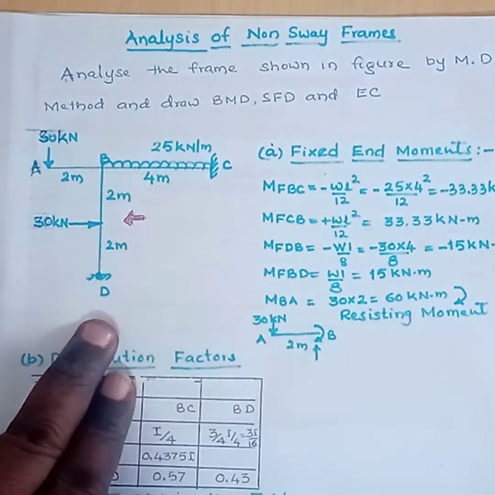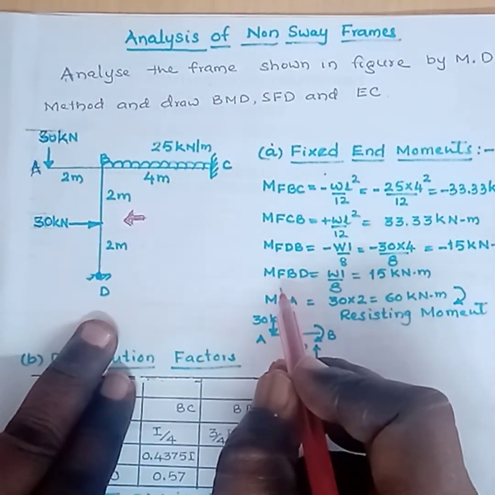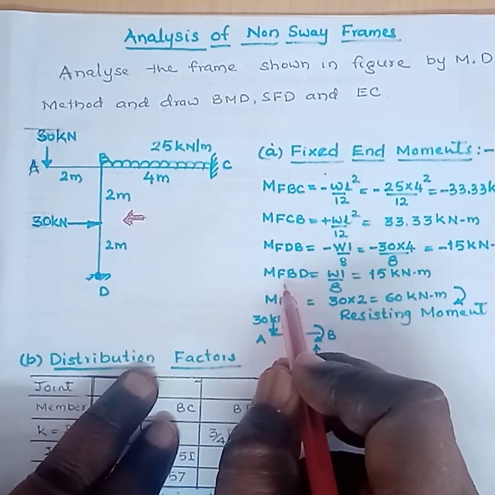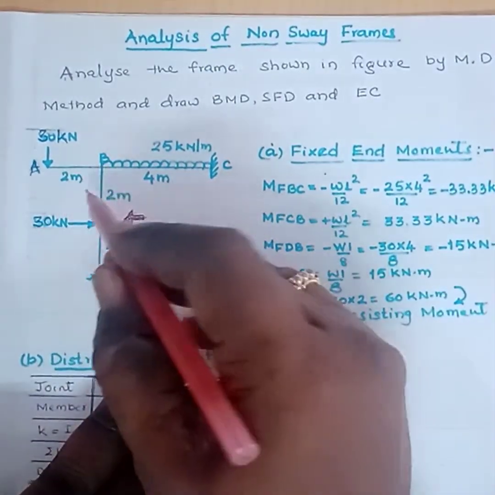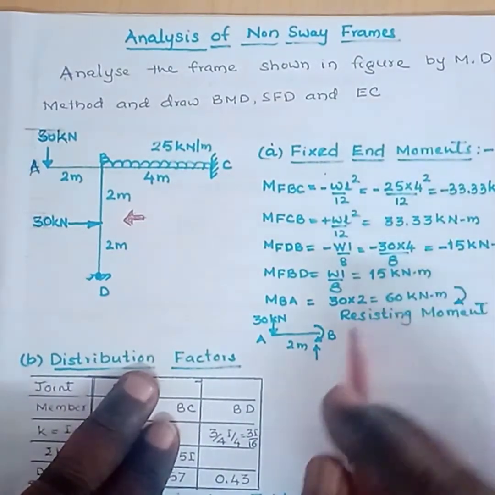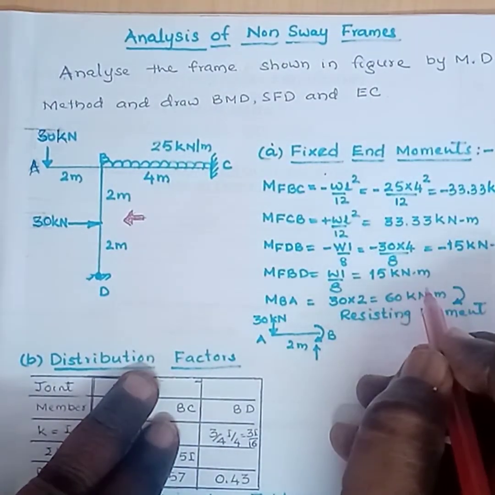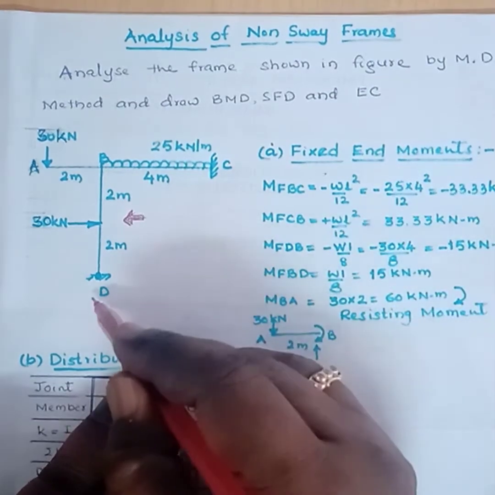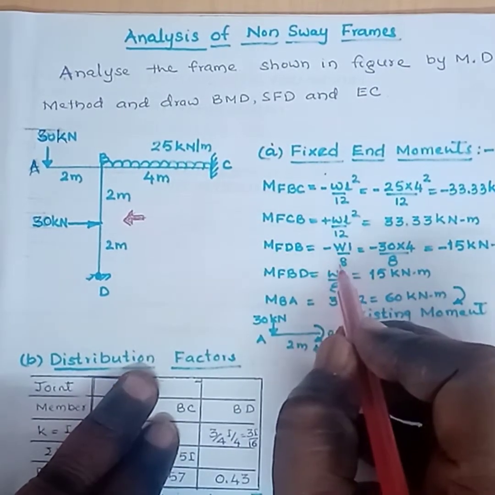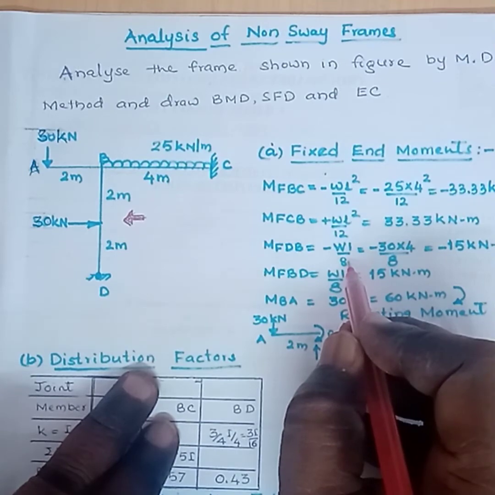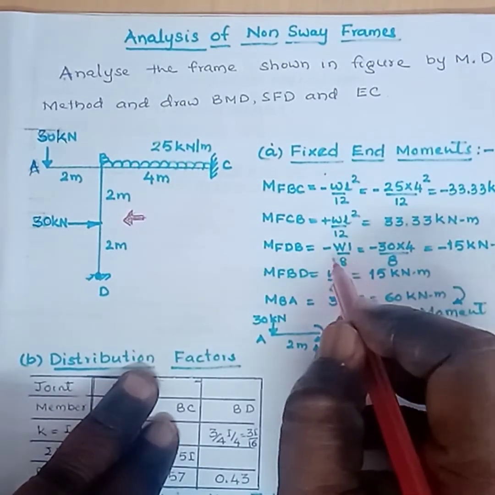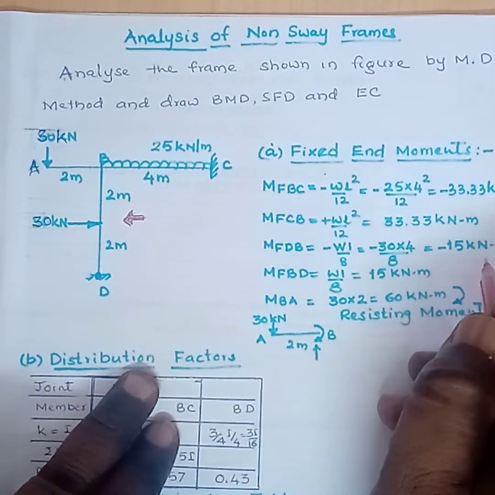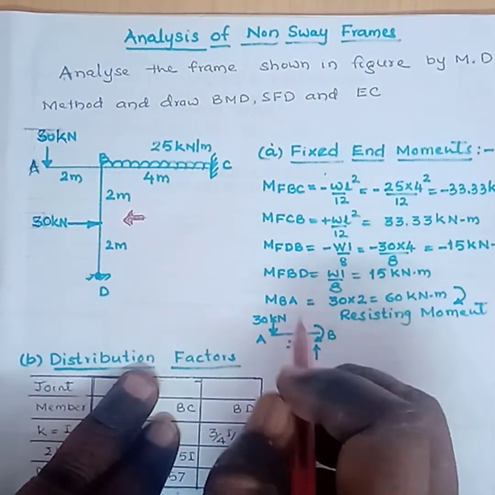By assuming both ends fixed, calculate the fixed end moment. MFBD is clockwise, WL by 8, which equals 15 kilonewton meter. MFDB is anti-clockwise, subjected to point load, that is minus WL by 8, which is minus 15 kilonewton meter.